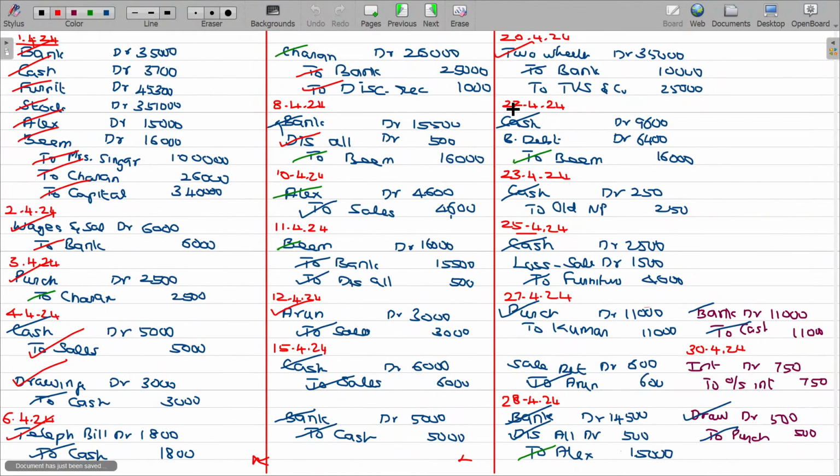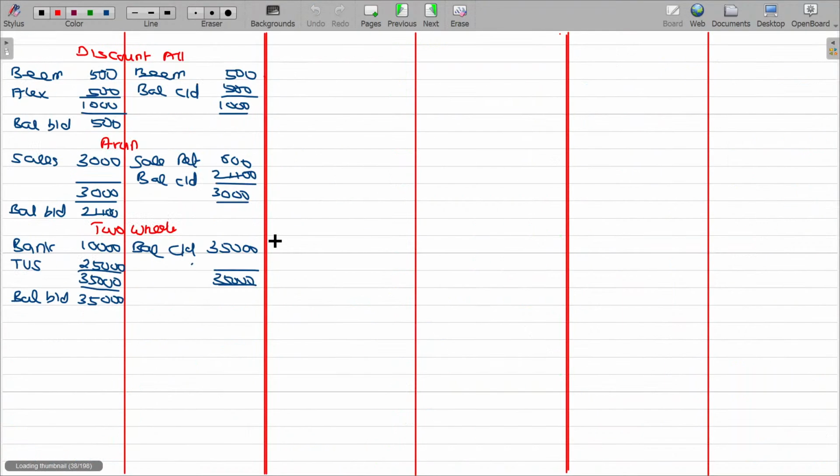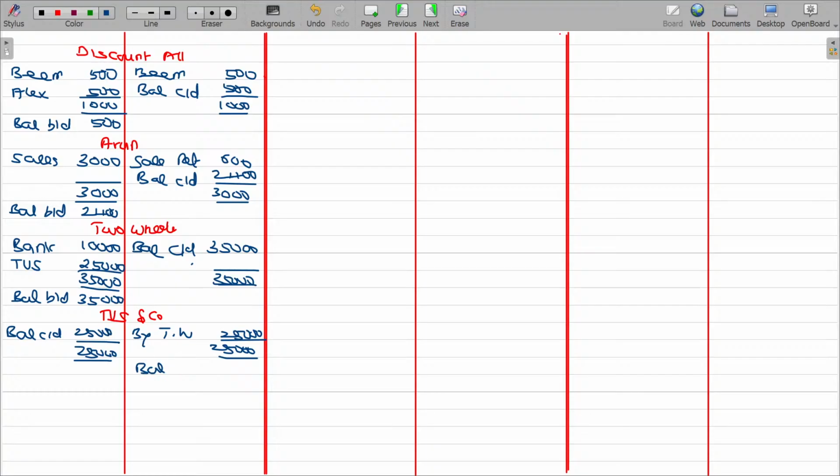Then TVS and Co. By two-wheeler 25,000. Balance carried on 25,000 and balance brought down 25,000.